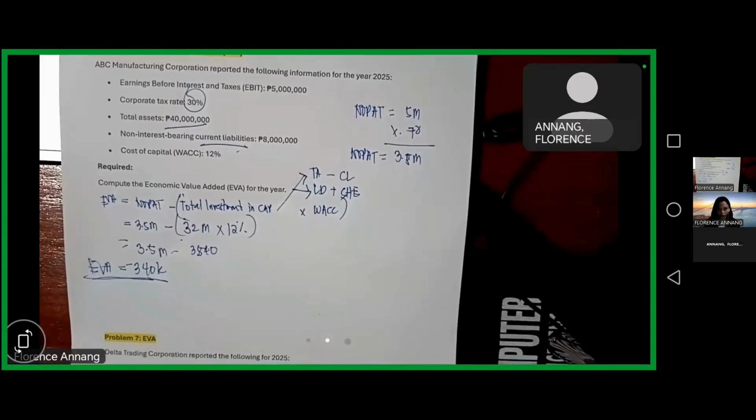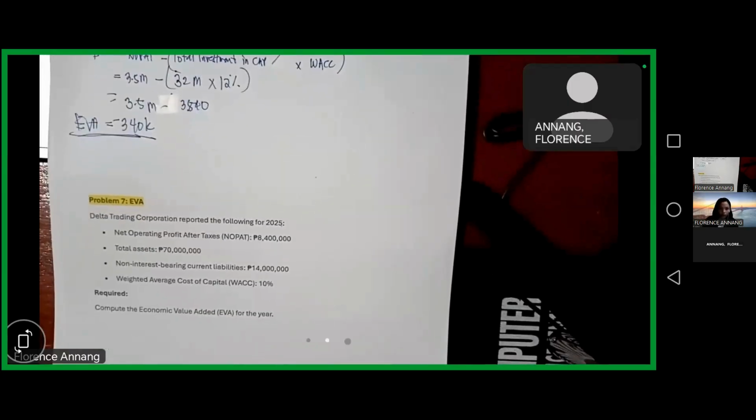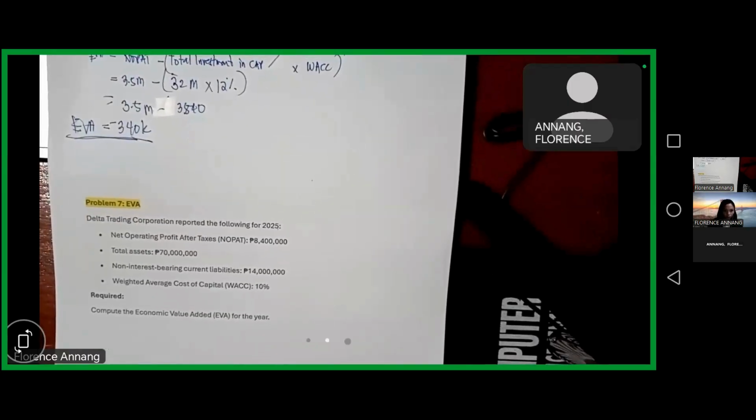We move to problem number 7. Delta Trading Corporation reported the following for 2025. Net operating profit after tax NOPAT of 8.4 million, total asset of 70 million, non-interest bearing current liabilities, take note current na naman yung given, 14 million, and weighted average cost of capital na 10%.